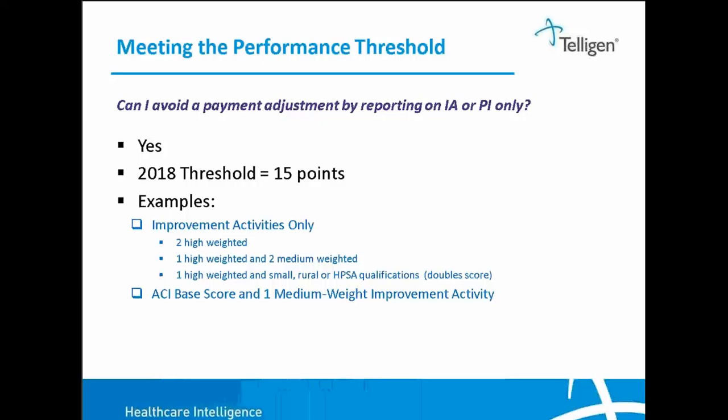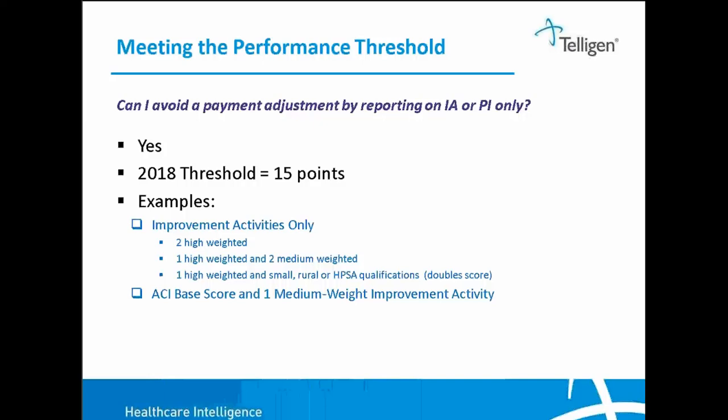Or you could do the base ACI score. If you get 50 percentage points for the base score, and at a 25 percentage weight, that's going to give you 12.5 points for ACI or PI, and then one medium-weighted improvement activity is going to give you 3.7, so that will be a total of 16.2 for your final score.